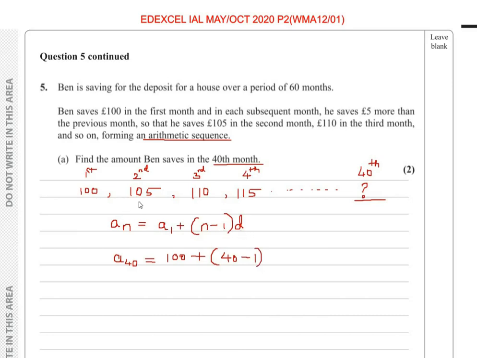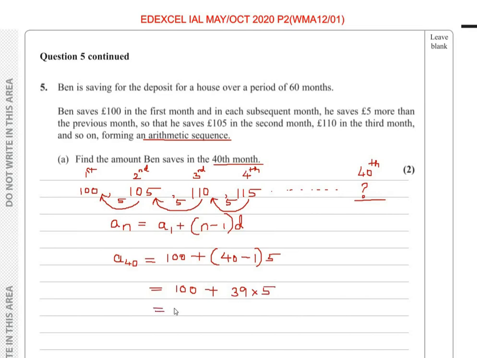D is the common difference. If you take the difference between 105 and 100, 110 and 105, and so on, we can see a pattern here. There is a difference of 5 everywhere. So we call this a common difference and we write it here as 5. So let us solve this further. So we have 100 plus 40 minus 1 is 39 times 5.